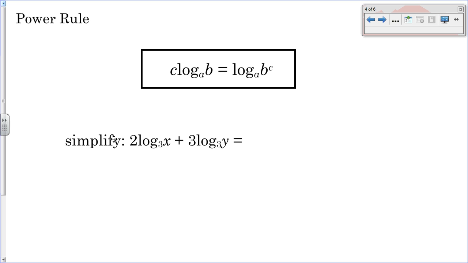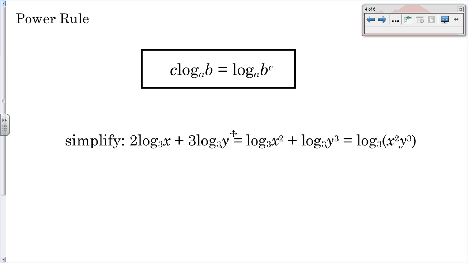All right. So let's simplify this. 2 times the log base 3 of x plus 3 times the log base 3 of y. So before, with addition rule, we can't do this. But if we apply the power rule, those exponents will lift up, and it'll be the log base 3 of x squared, because the 2 will become the exponent on the x, plus the log base 3 of y cubed.